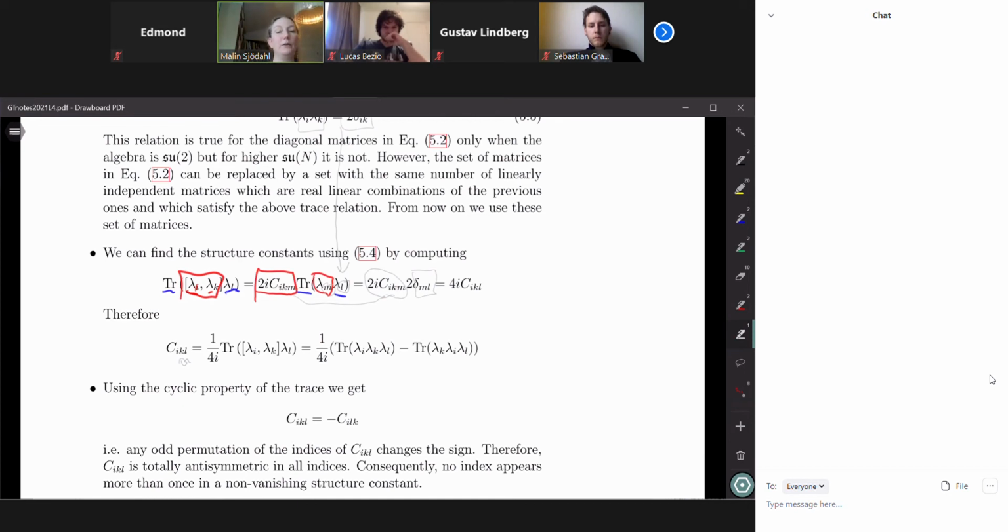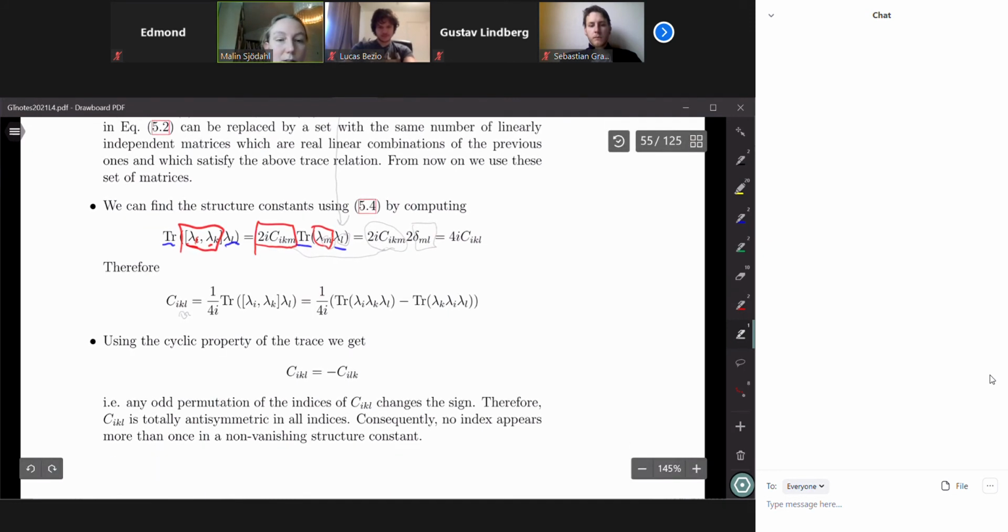So the first two indices we had seen before were antisymmetric because it came from the commutator, which is antisymmetric. Now we see that we can move indices around here, and we obtain this relation here.